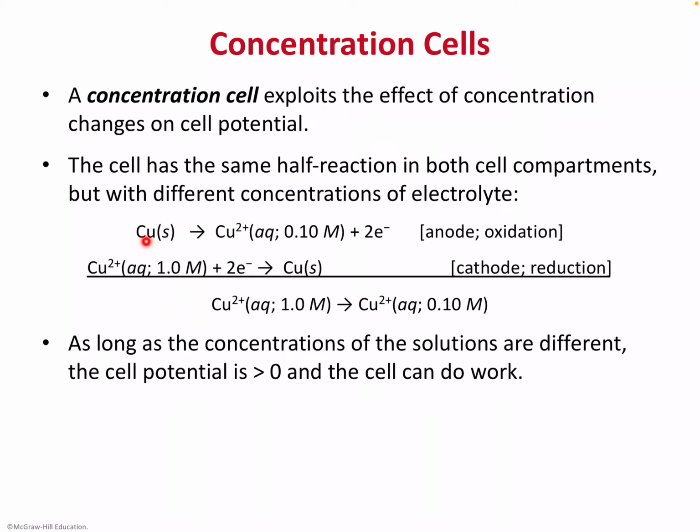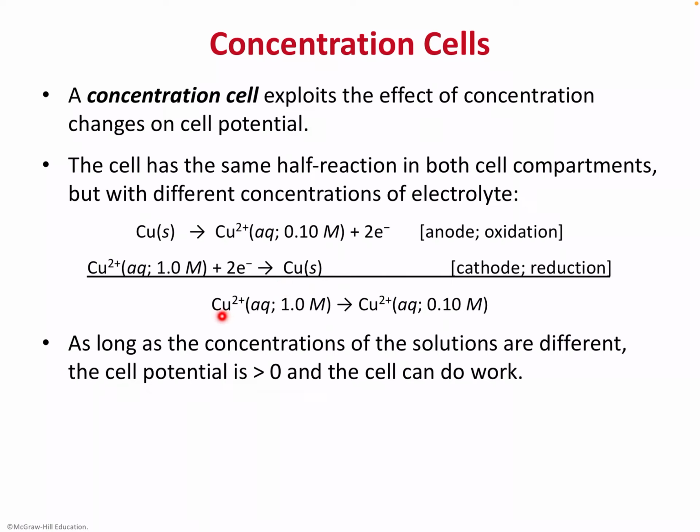Copper solid giving you copper 2 plus in a 0.1 molar solution, releasing 2 electrons, which is oxidation, happens at the anode. And in another aqueous medium, copper 2 plus, 1 molar, takes up 2 electrons and becomes copper solid. That is the cathode.